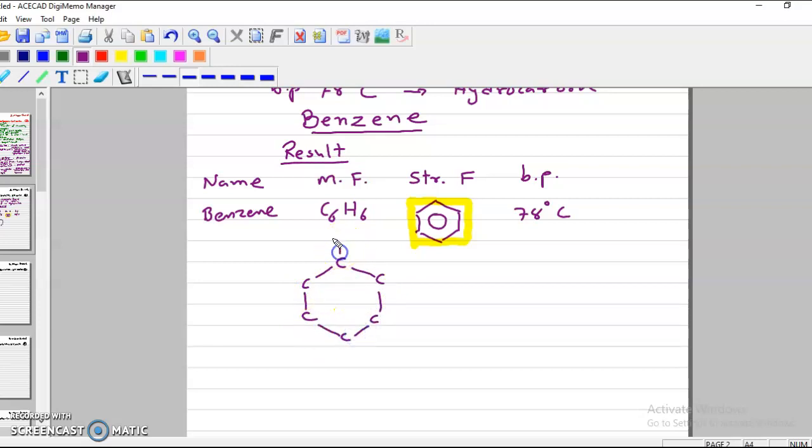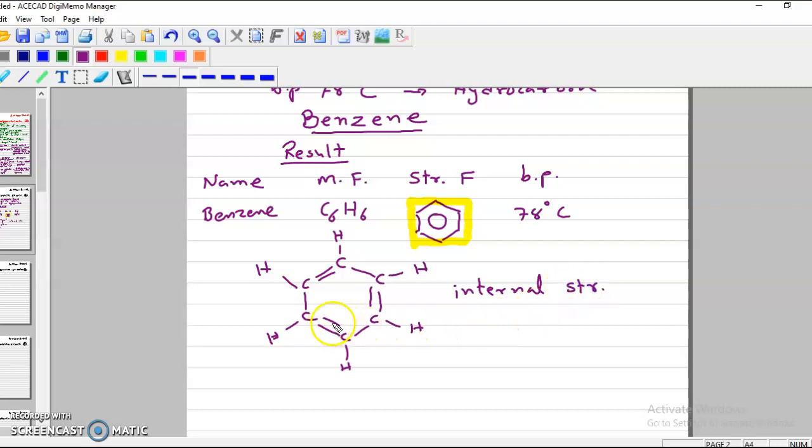Each carbon has 1 hydrogen with a single bond, all carbons are linked with each other, and there are alternate 3 double bonds. This is the structure of benzene, called the internal structure or actual composition of benzene.